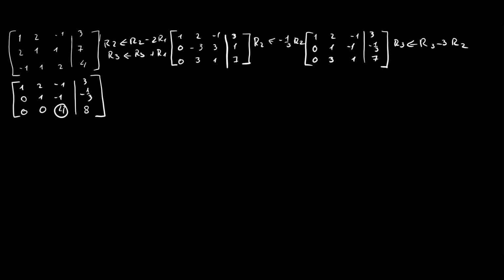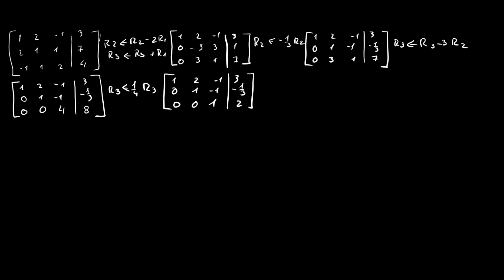Perfect. And now let's make this pivot number 1. Perfect. So we transform this matrix into echelon form. We can also transform it into reduced echelon form. So that's what we're gonna do.